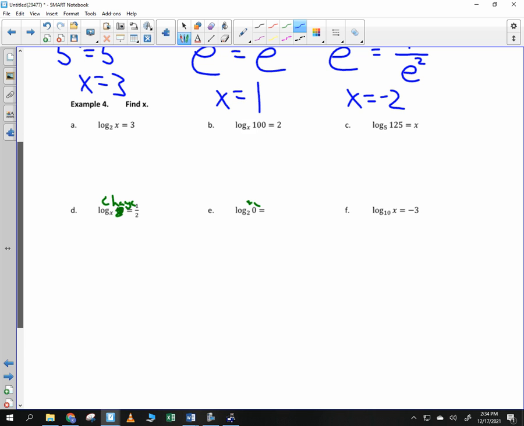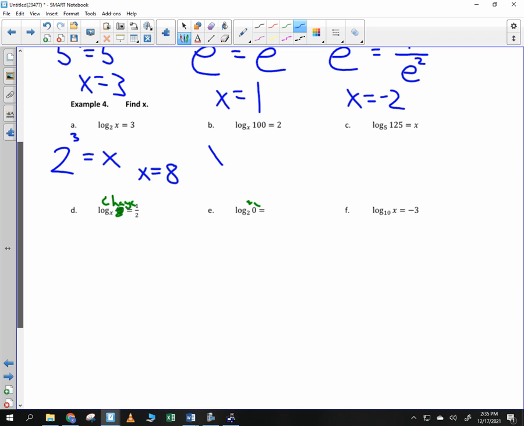Now it says find x. Look at how x is in a different spot now. So we say 2, what's the exponent? Is equal to x. x is 8. 2 times 2 is 4, times 2 more is 8. Log base x of 100 is 2.